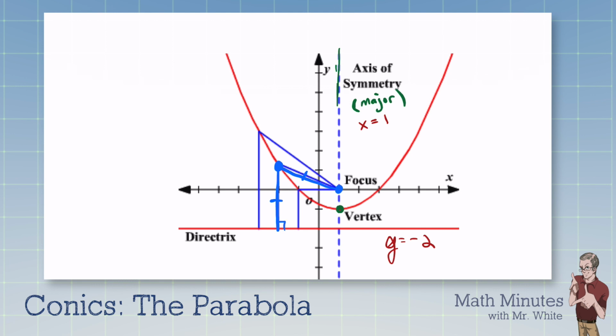So that distance is the same. This distance is the same. And this little one here is the same as that. So you could actually construct a parabola, I believe, with a compass and a straightedge, just using that information. But of course, this has to be at the right place. It has to be at a place called the focus.